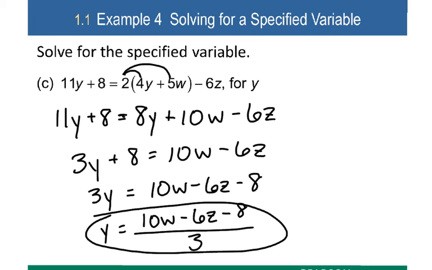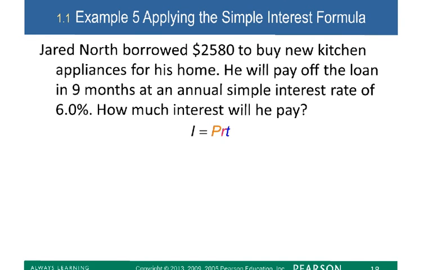Okay. Our last example is a word problem. Like I said, we're going to be using the simple interest formula here. I'm going to go through this word problem, read it, and underline the things that matter to us most.